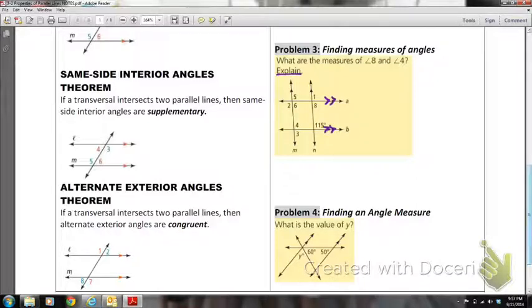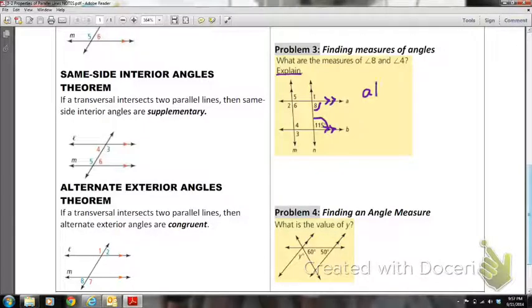So since those are parallel, we know that angle 8 and the angle that's marked 115 degrees, those are same side interior angles. So by the same side interior angles theorem, we know that those are supplementary. They got to add to be 180.